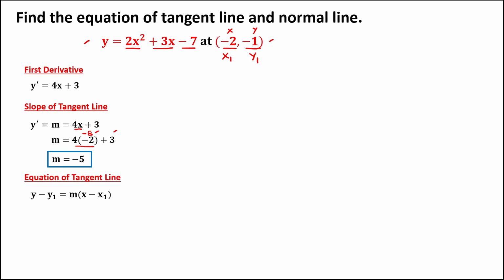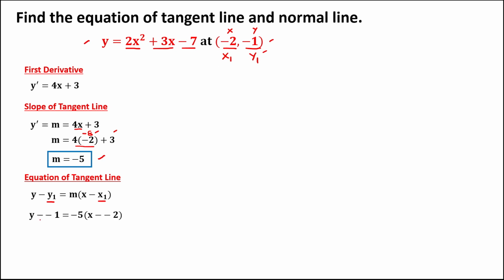So we have y minus y sub 1, and y sub 1 is negative 1, equals the slope of the tangent line, that's negative 5, times x minus x sub 1, and x sub 1 is negative 2.